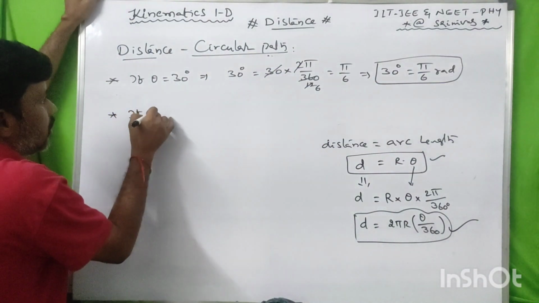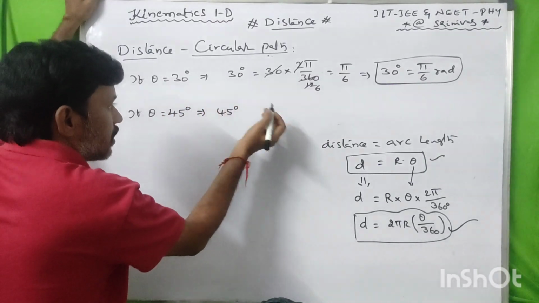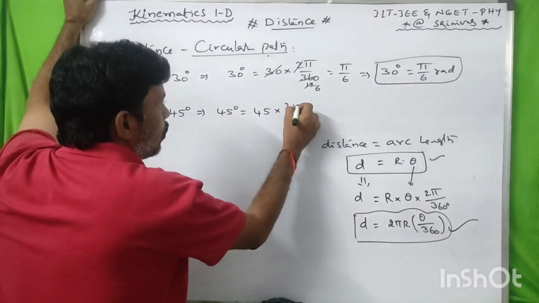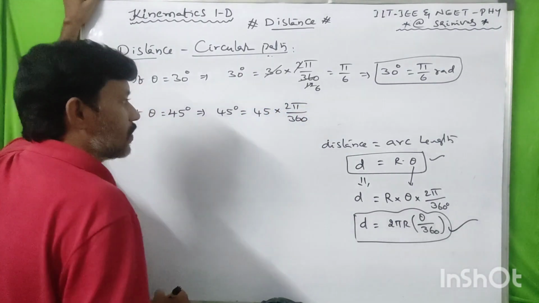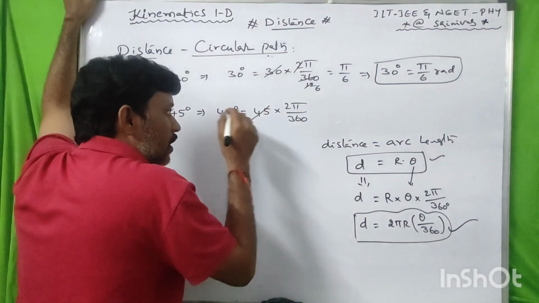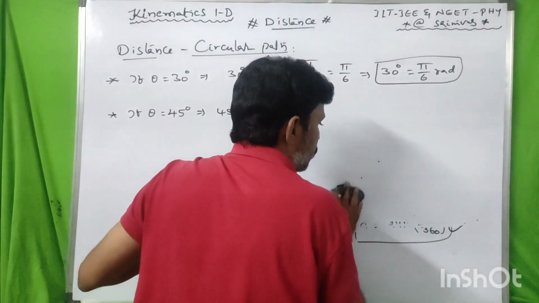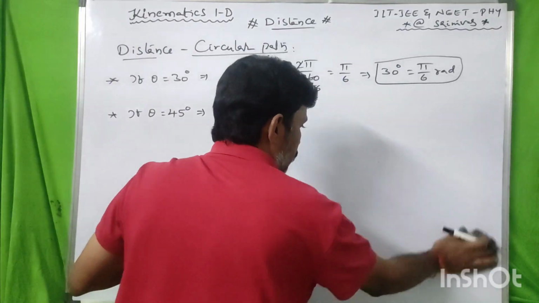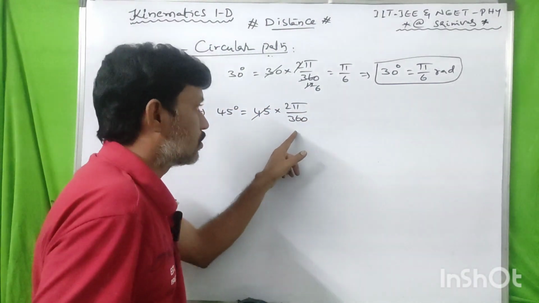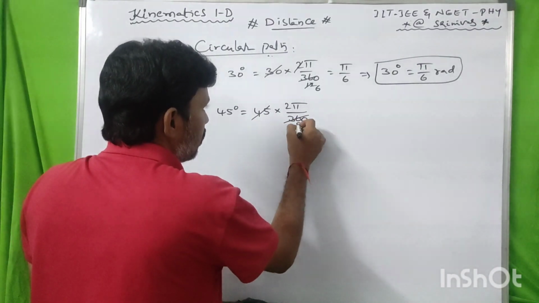Next one more thing, if theta is equal to 45 degrees, then 45 degrees conversion into radians. 45 degrees is equal to 45 into 2 pi by 360. 2 4 5s 90 కదా, ఇందులో 4 90s ఉంటాయి కదా, 45 ఎన్ని టైమ్స్ పోతుంది? 8 టైమ్స్.